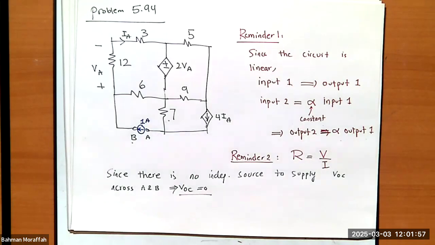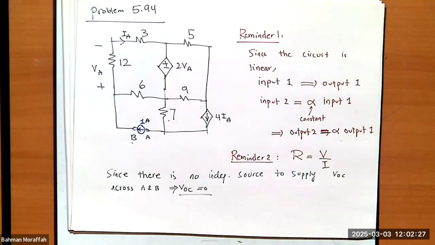Basically voltage A to B. Now, since I have this 1 amp source, that 1 amp independent source can supply my entire circuit, and I can find voltage across A and B, and that's no longer 0. Right? So what I'm doing here is that I'm forcing this 1 amp independent source into this circuit and try to find voltage across that.